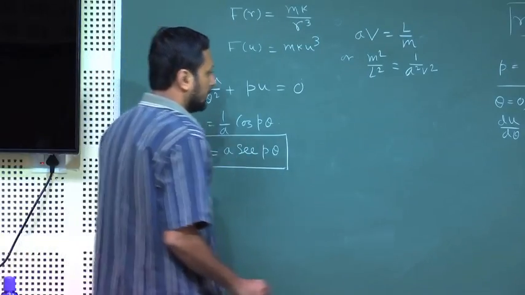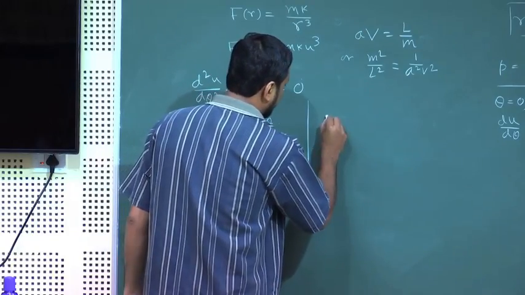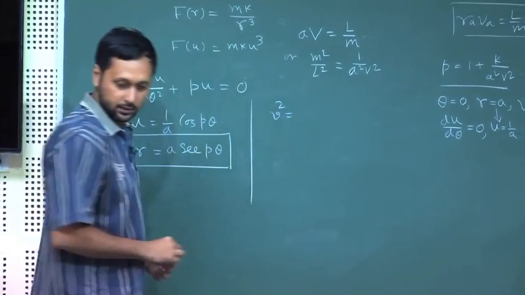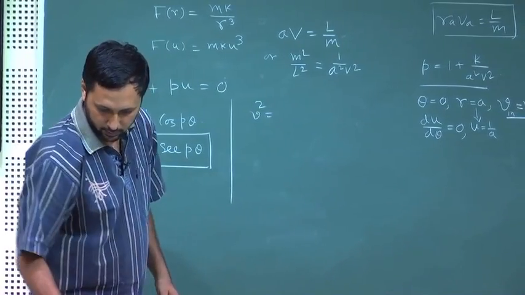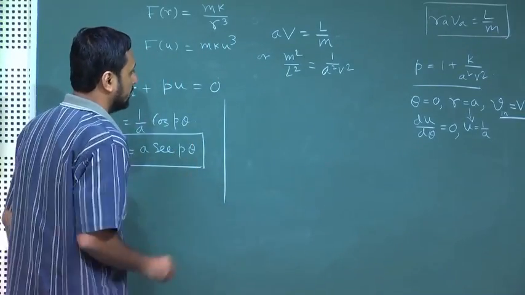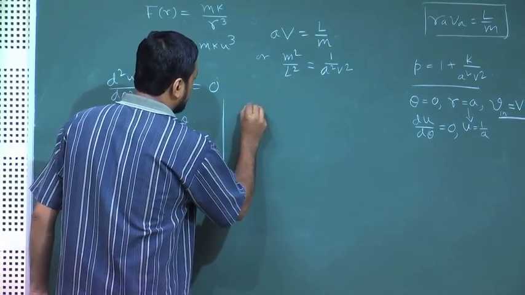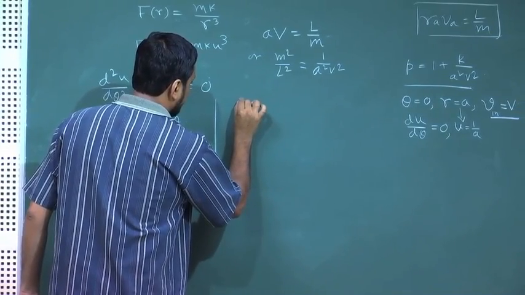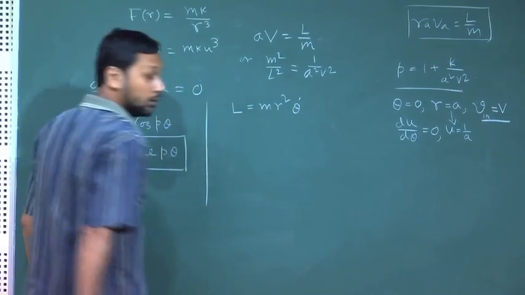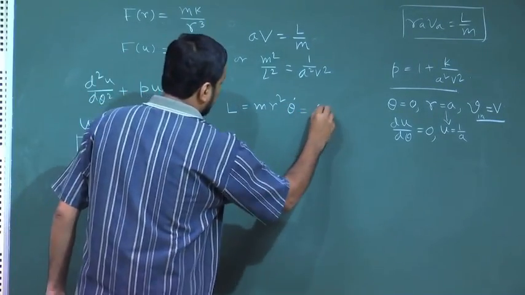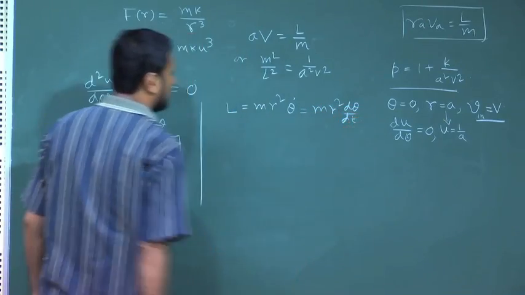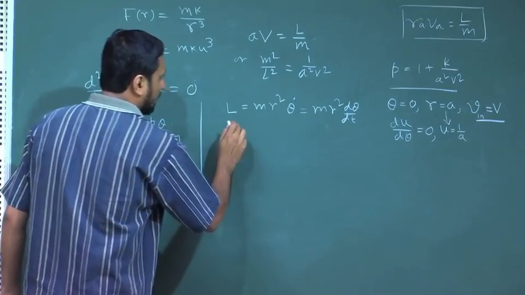Now, for the velocity part, once again we have to compute the velocity by using this relation, oh sorry, it is the angular velocity we are looking for, just a minute. So, for angular velocity we just have to use this relation, that L is equal to m r square theta dot. Theta dot essentially means m r square d theta dt.